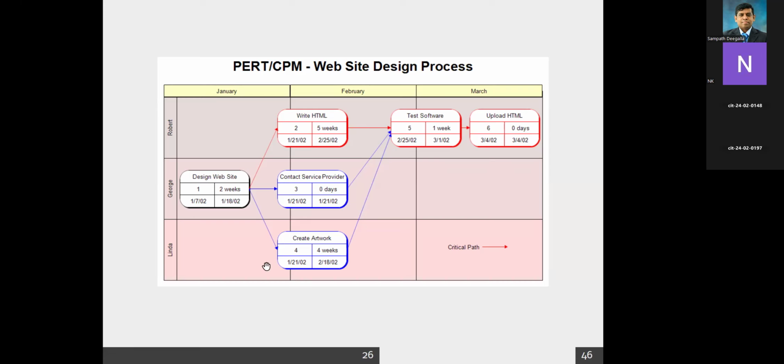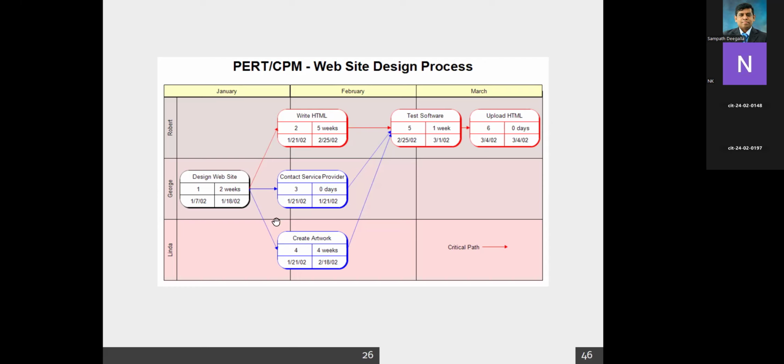And then you can notice that after doing all this in parallel, then we test the software and then you upload the HTML. So you can see, durations are also listed here. So for example, here it takes 2 weeks, 5 weeks, 0 days, 4 weeks. So you can notice this is the longest time it takes.